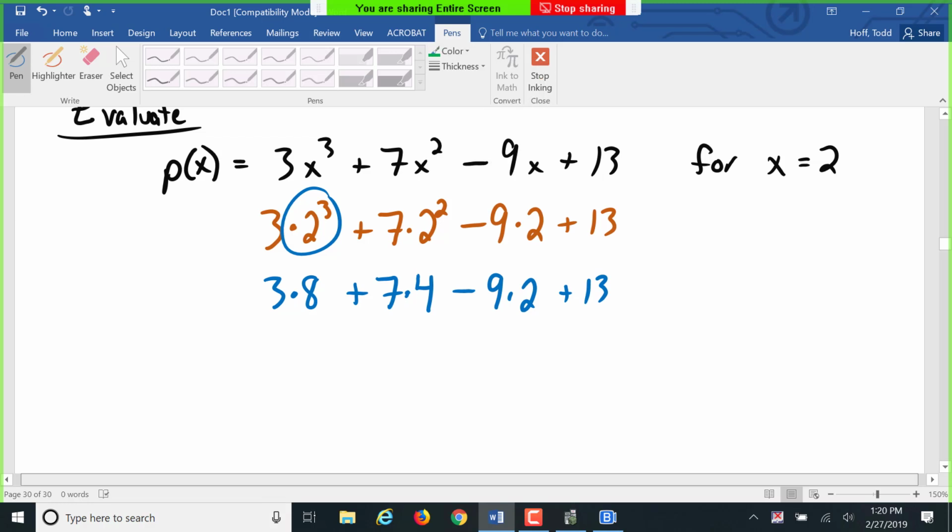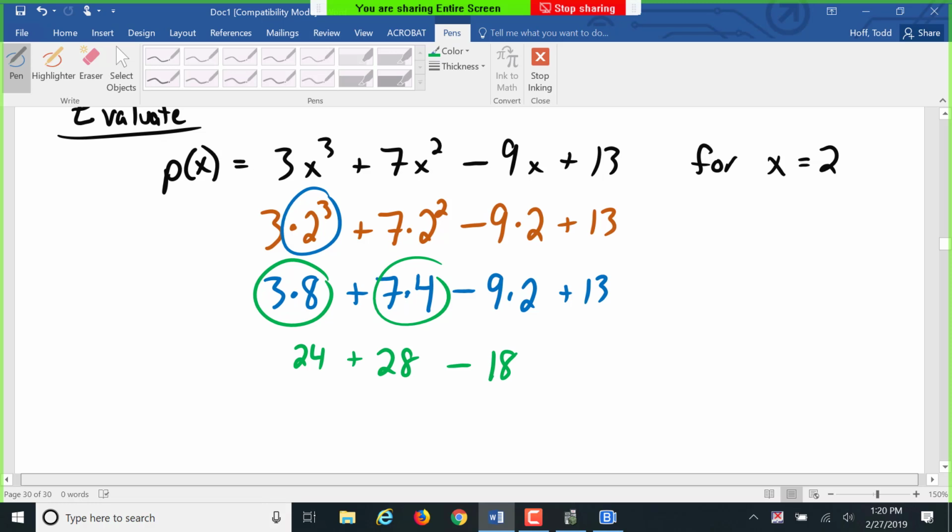So now we can go back. We've done all of our powers, exponents. Multiplication and division going left to right. What's 3 times 8? 24, good. 7 times 4. 28. 9 times 2? 18. Now again, I can treat that as minus a 9 times 2, so minus 18.